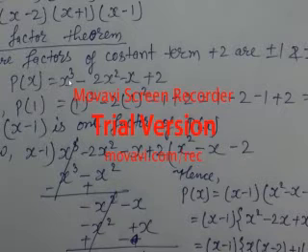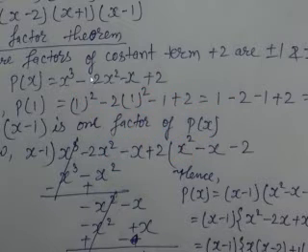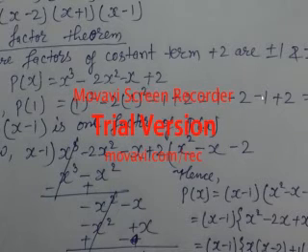So 1 cube is how much? 1. And minus 2 into 1 square means minus 2 only. So it becomes 1 minus 2, and here again minus 1 and plus 2. The minus 2 and plus 2 get cancelled, minus 1 and plus 1 get cancelled, so in this way it becomes 0.